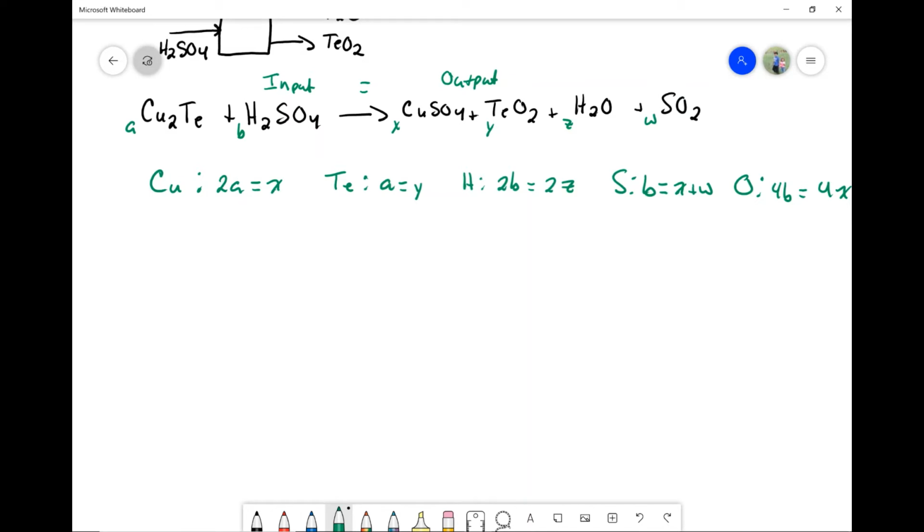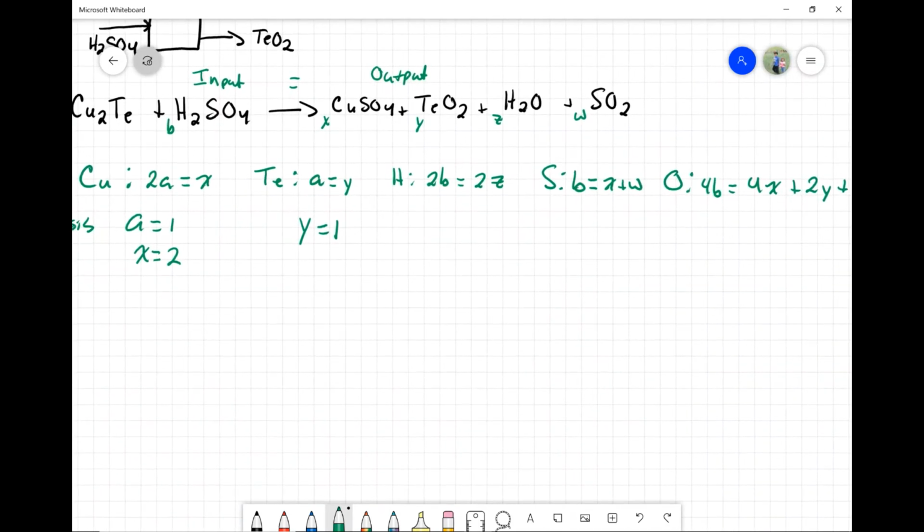All right, so some algebra, and we assume a basis. So basis a is equal to 1. So if a is equal to 1, x is equal to 2. Here, a is equal to 1. That means y is equal to 1.